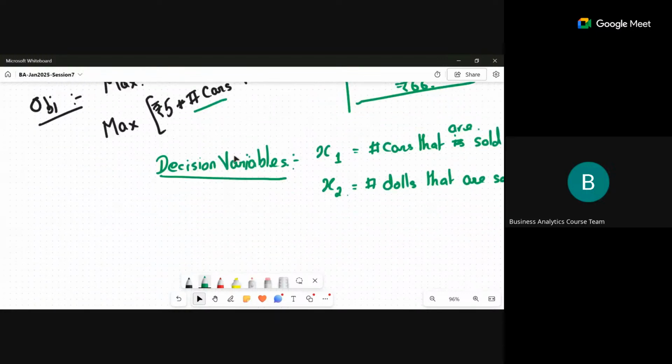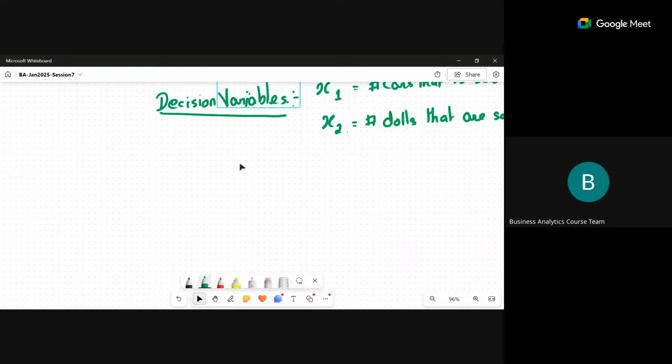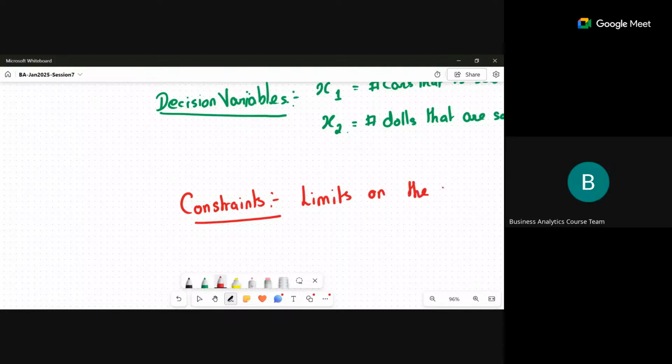So once you have defined the objective function and decision variables, you then start looking at the constraints. And these constraints are nothing but the limits on the decision variables, DVs. These are your decision variables.